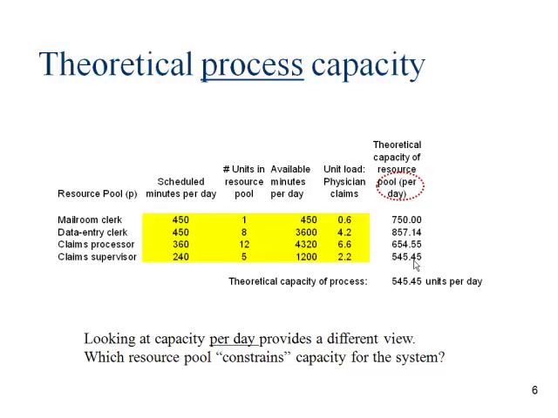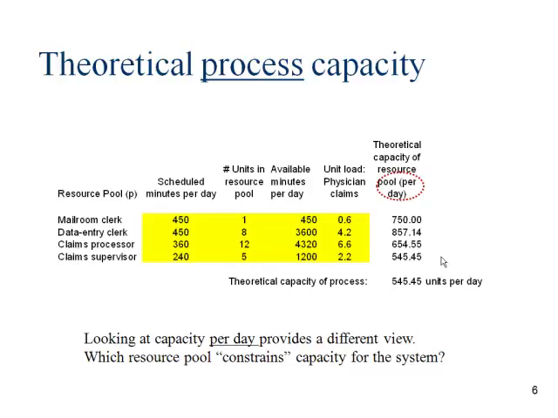So if we look at this, the way we describe theoretical capacity of the process is based on this idea. A physician's claim requires resources from each of these pools. Even though the mailroom clerk can do 750 per day, the data entry clerks can do 857, and the claims processors can do 654, the fact is we're limited based on the claims supervisor's theoretical capacity. So the theoretical capacity of the process itself becomes 545.45 units per day.